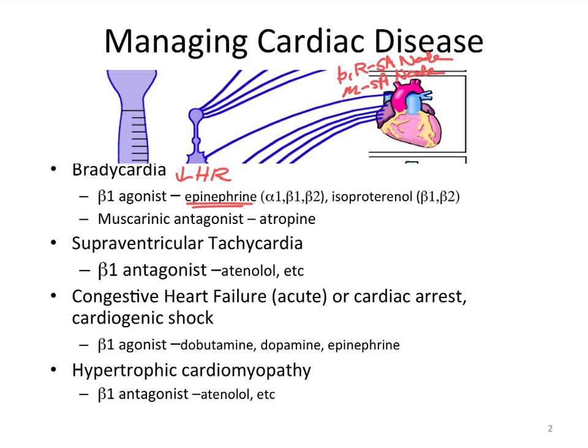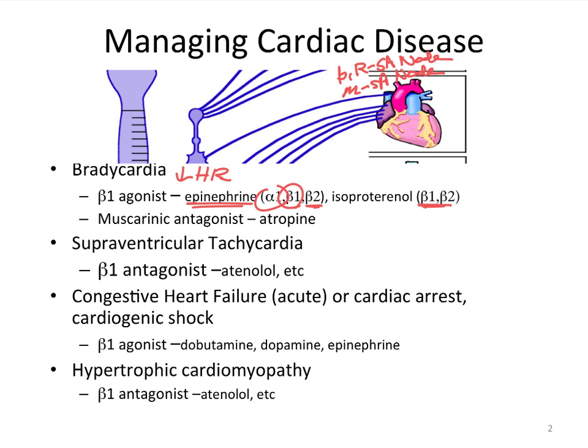This is something that you might do, but notice epinephrine has effects, yes, on beta 1, but also on alpha 1 and beta 2. The drug isoproterenol is designed to be a beta 1, beta 2 agonist, but we have some issues with its use in terms of it sometimes not being specific enough.